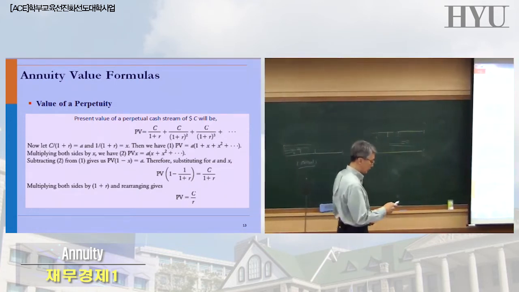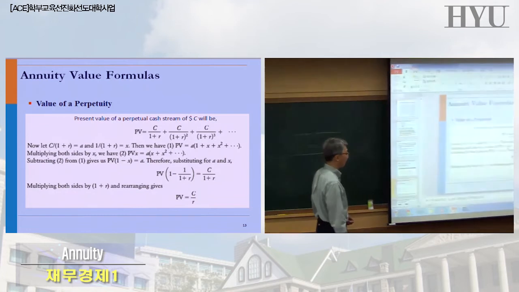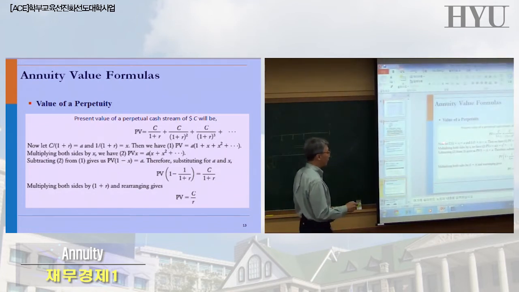The present value of the perpetuity is the coupon payment divided by 1 plus R. That's the first payment discounted for 1 year to present value. And this is the same amount of money discounted for 2 years, 3 years, and so on. So imagine this equation going forever.